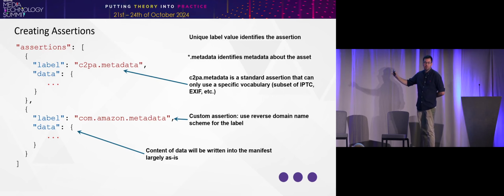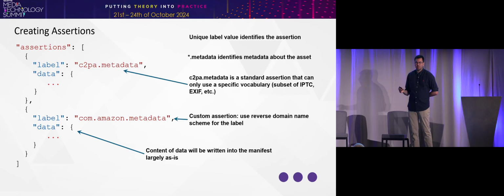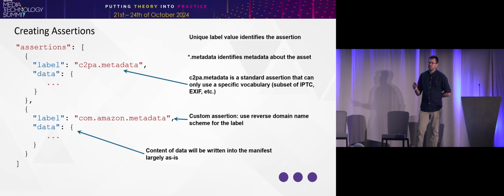In the case down the bottom there, we can see a reverse domain of the Amazon metadata tag, and then data being what we choose to incorporate. But we do encourage that you follow C2PA vocabulary, just because it's an ever-evolving space. They do have a specification detailed as to some of the actions that you can provide.